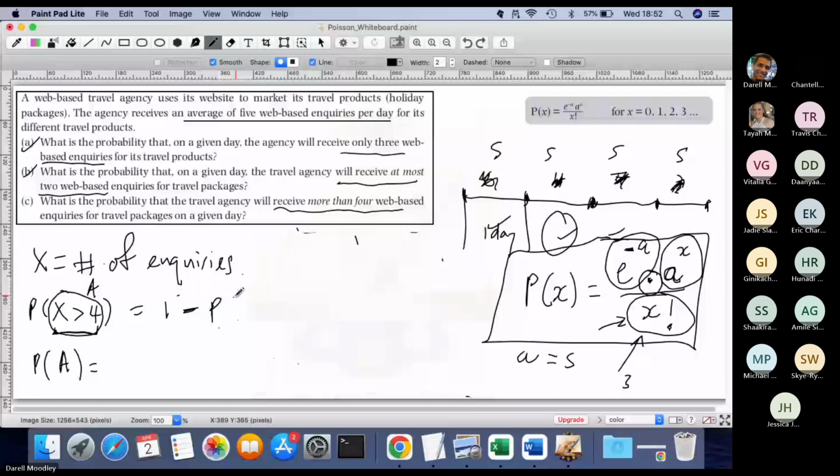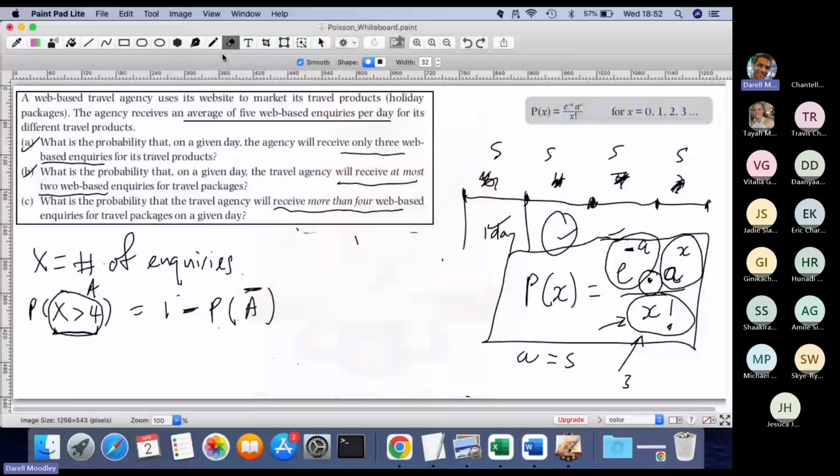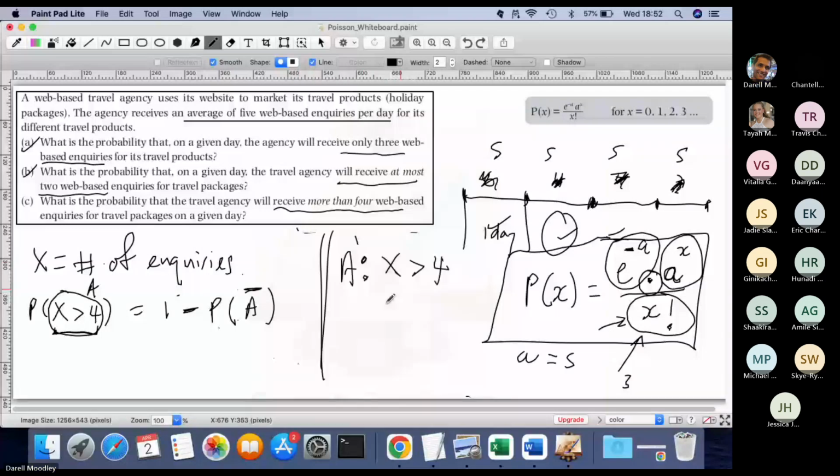Now, this is where that x greater than 4 is going to come in. If A is the event that x is greater than 4, what is the opposite of that? Is it option 1, x less than 3?